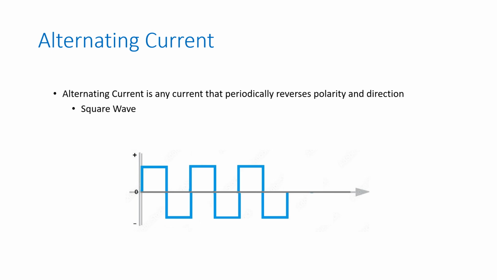It switches, but it's really not changing. For reasons I'll get into in a minute, square waves are really kind of a bad thing. Yes, you use square waves in digital logic, but in radio, we don't like square waves. We like something a little more gentle.